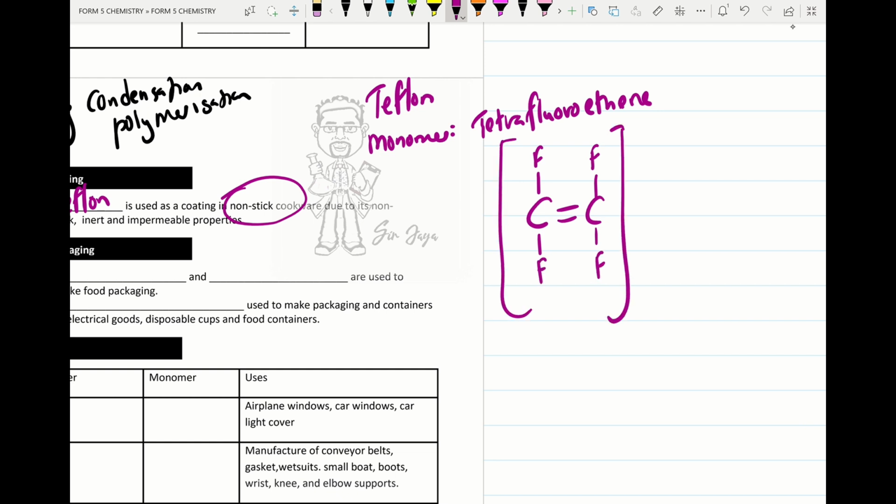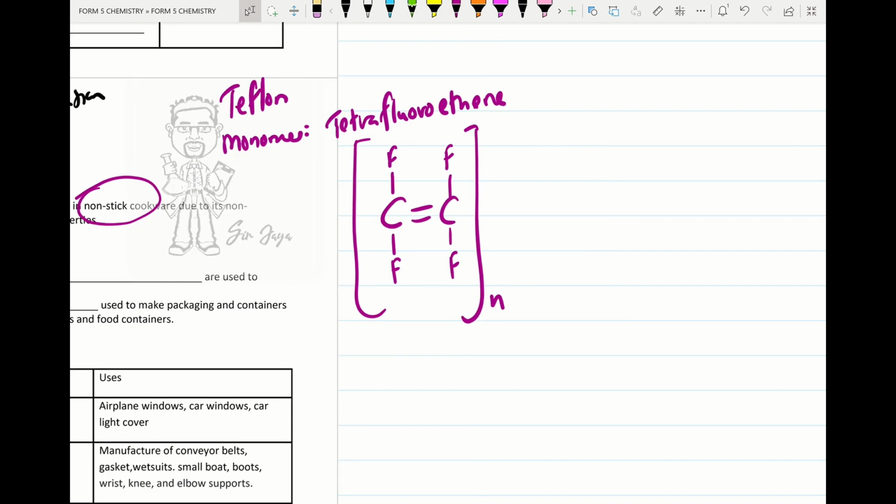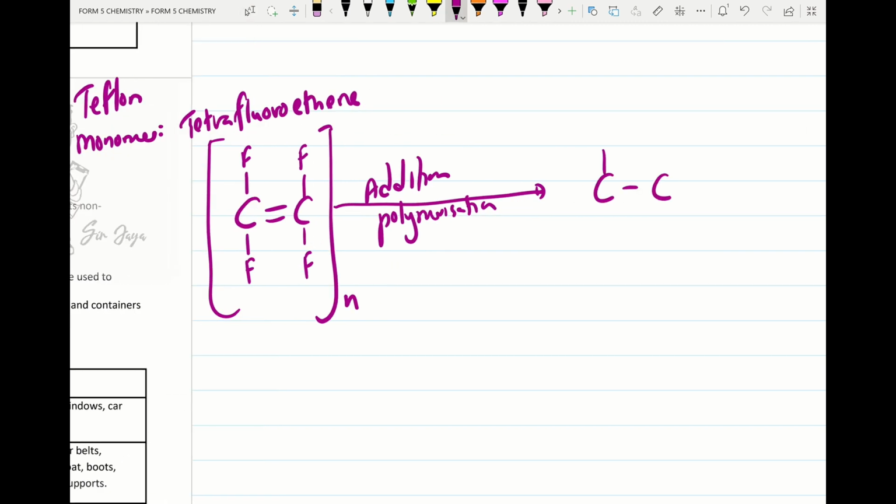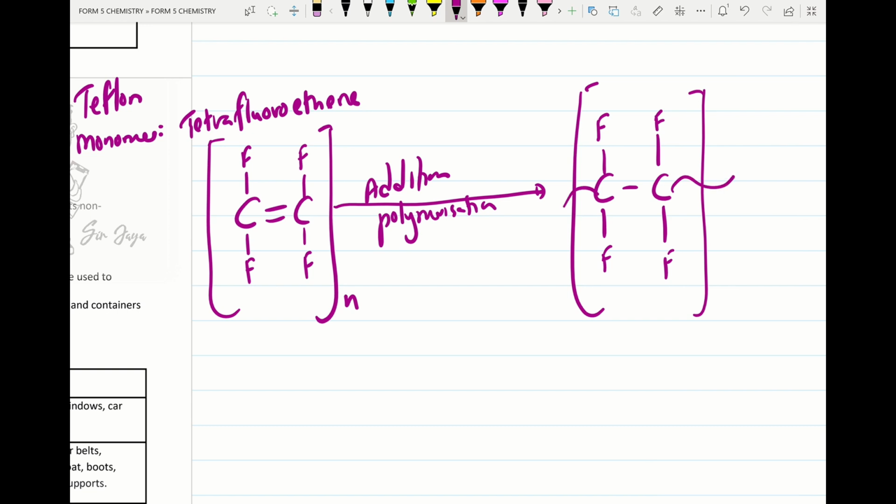We open bracket, close bracket, and put n symbol. During addition polymerization, the C double bond will break and form single covalent bond. So it will form long chain polymer known as Teflon. This is the chemical equation that students should write if they ask in the exam question.